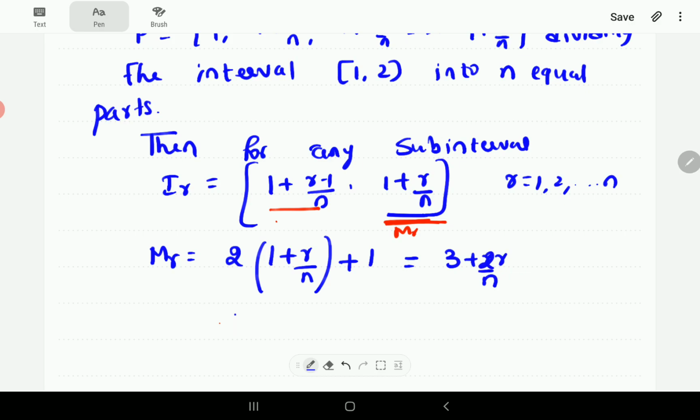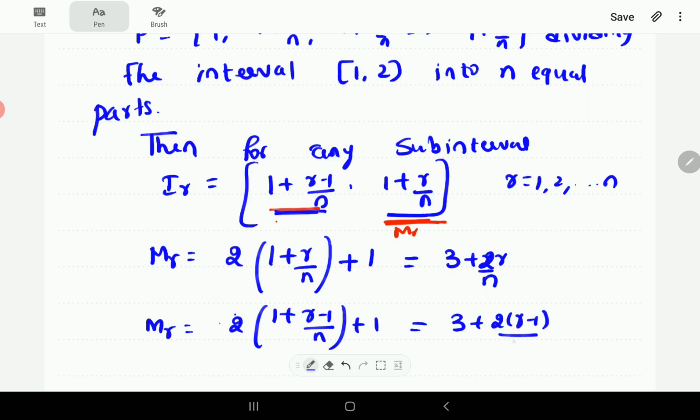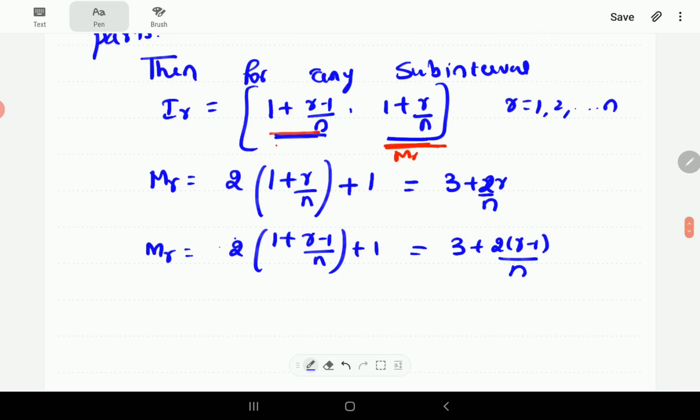So this is your capital M_r. For small m_r, x is 1 plus (r minus 1) by n, plus 1, which is equal to 2 plus 1, that is 3, so we get 3 plus 2 into (r minus 1) by n. So this is our small m_r.